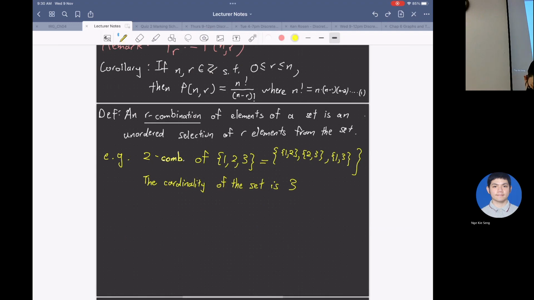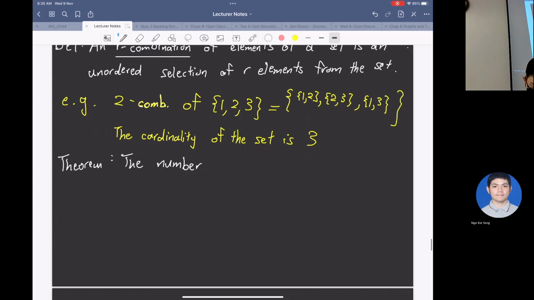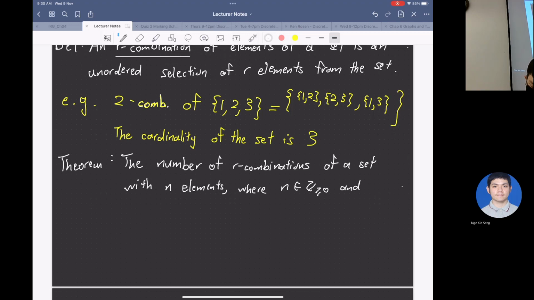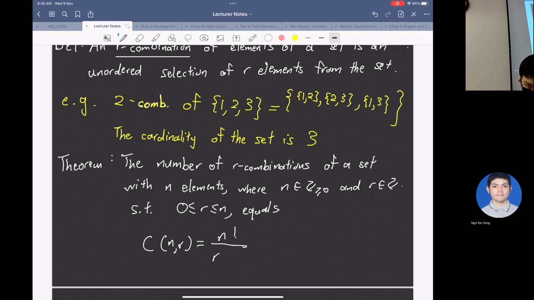In general, how do you count this cardinality? Let me write down the formula. The number of r-combinations of a set with n elements is C(n, r), which is n factorial over r factorial times (n minus r) factorial.